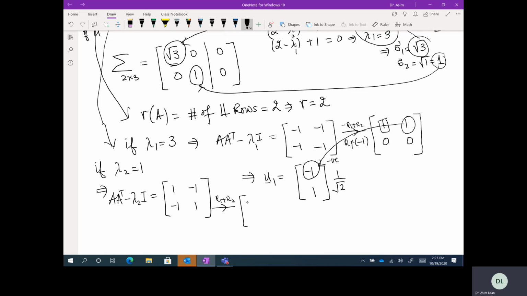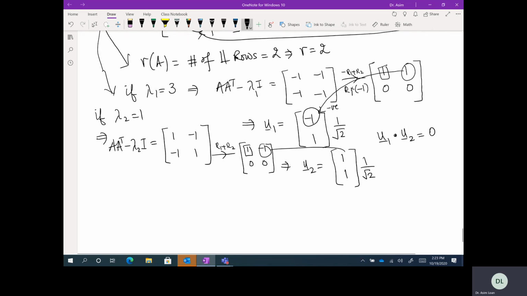If I do that, I get 1 minus 1, 0, 0. So this is my pivot. So this implies U2 is going to be, this minus 1 goes on this side, becomes a plus 1 here, and this is the free variable. This is 1 over under root 2. And you can check U1 dot U2 is equal to 0. So U1 and U2 are orthogonal, and they are already normalized.